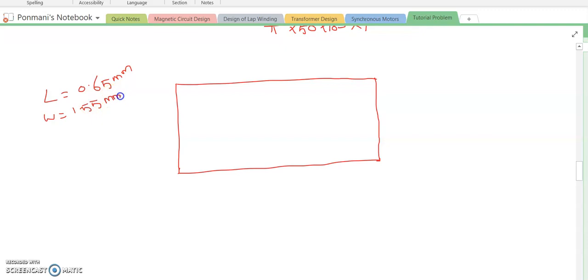We are writing it in terms of mm, so it is 1550 mm. Actually in the problem it is given in meters, so we are converting it into mm, and this side is 650 mm.